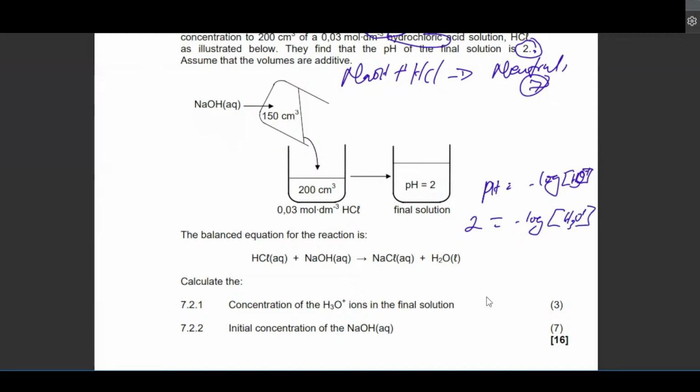Yes. So if that is the case, remember this is log base 10. So this brings a negative, and when you calculate, it's going to give you the answer, which is 0.01 molar, because it is the concentration.